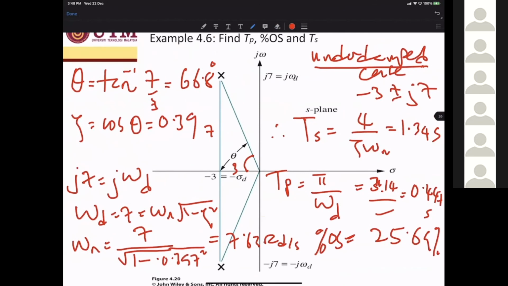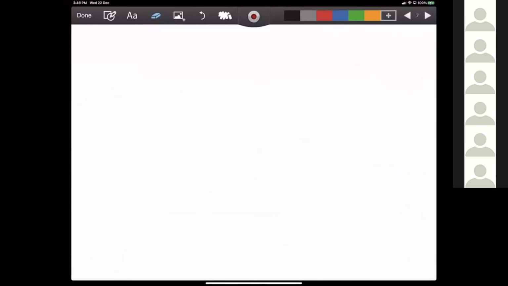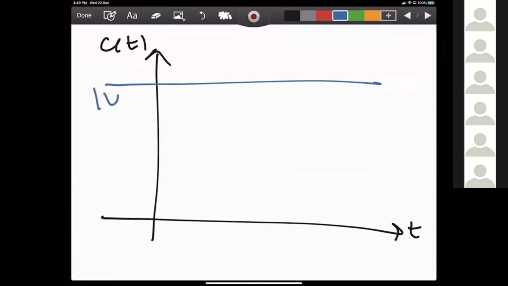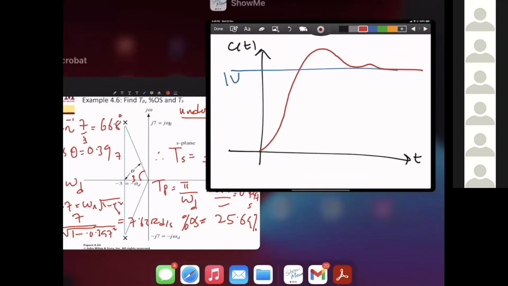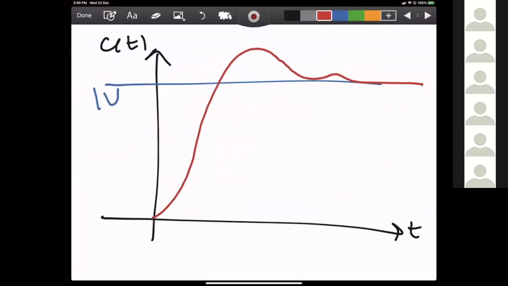Okay, so we can draw the equivalent graph. Overshoot 25.69.